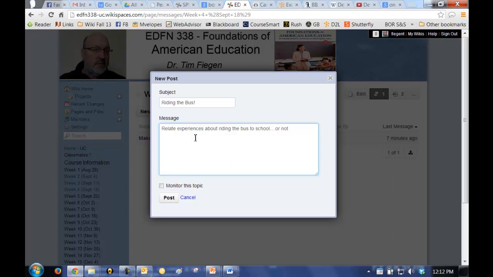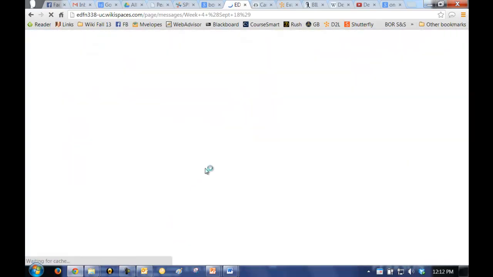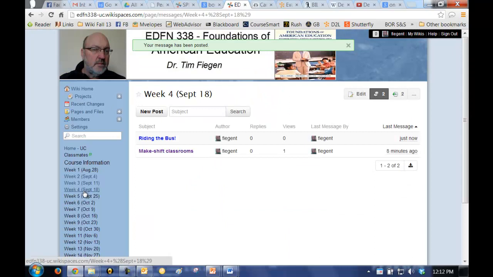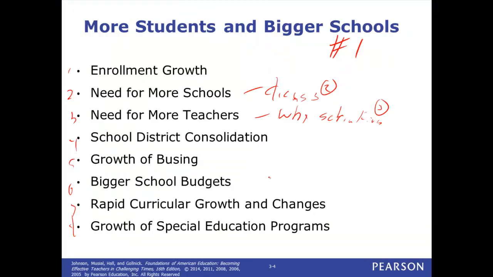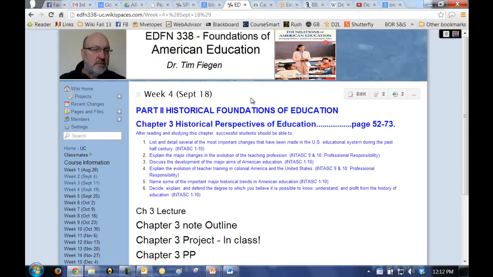Related experience about riding the bus to school, or not riding. That's your second thing here. And I'm going to take you back here and say that's number 4.